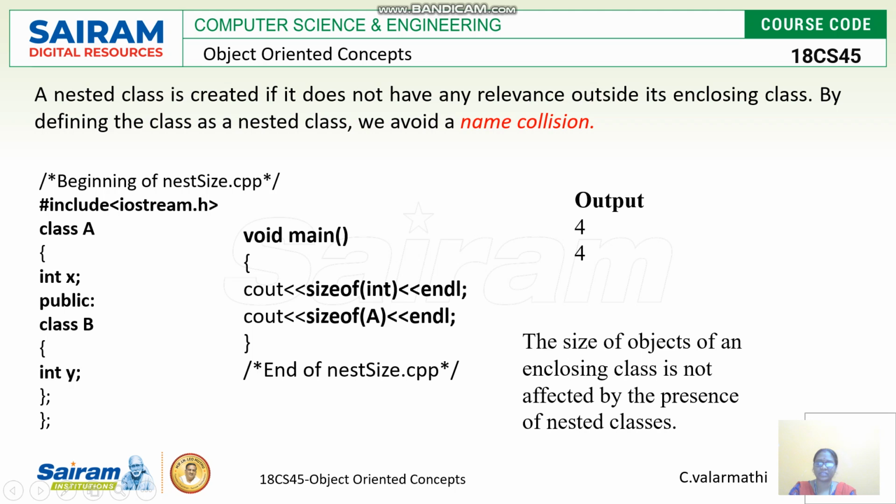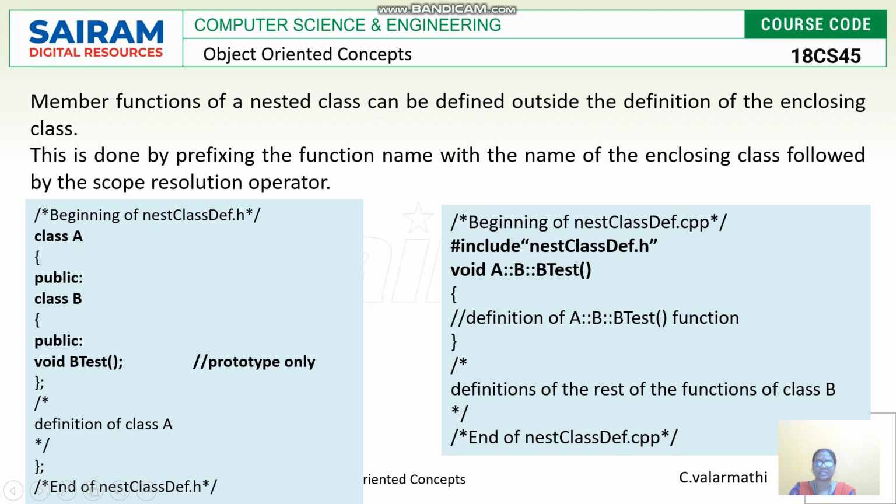So that is what is given here. The size of an object of an enclosing class is not affected by the presence of a nested class. I hope you got my point. The size of the objects of an enclosing class will not be affected by the presence of a nested class.